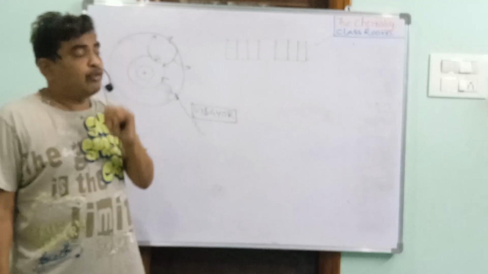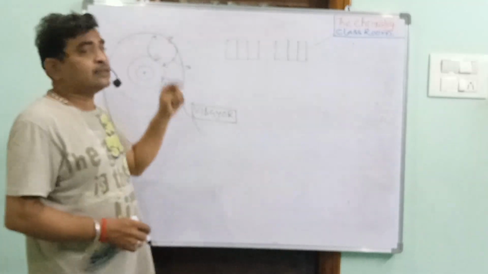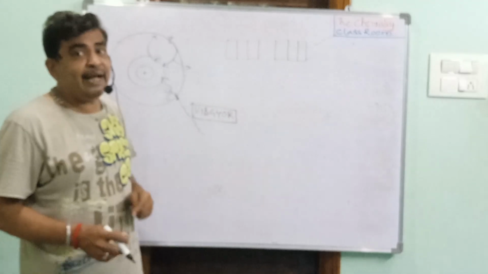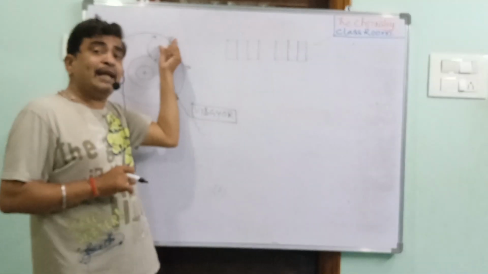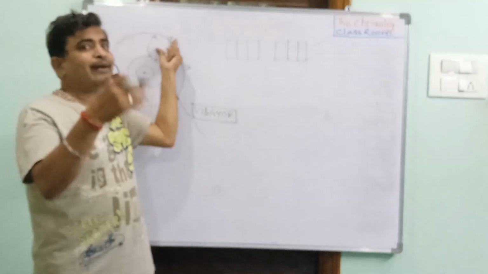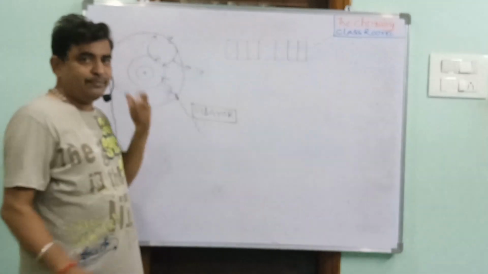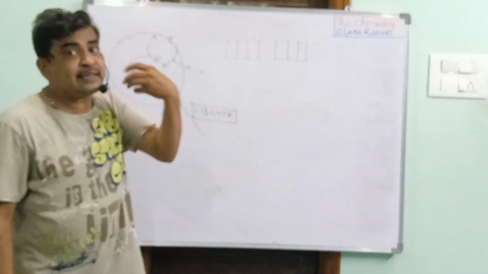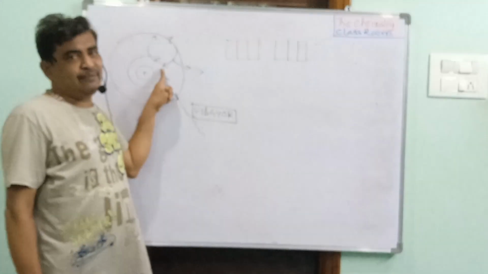It's clear. And one more thing: when the electron is excited, that energy is not its own energy. It is absorbed by the electron. Later on, after some time, that energy is released from that atom. The electron releases that energy and gets back to the ground state.